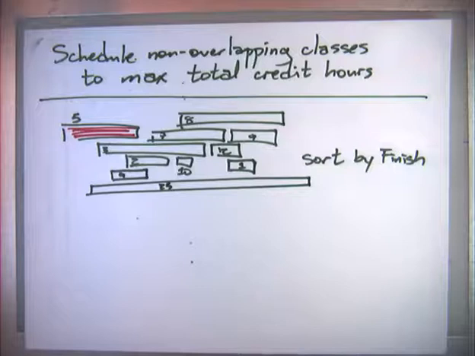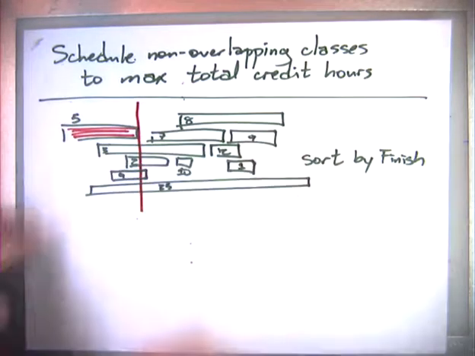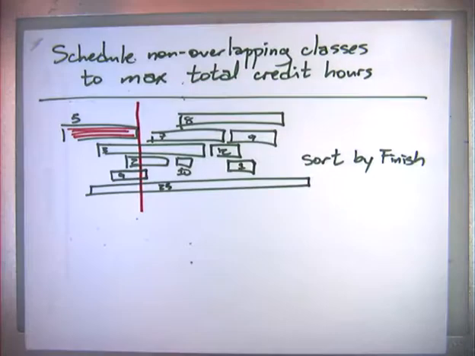Somehow I need to remember that I've signed up for a class that ends here, and that therefore I should only register for classes that end after that finishing time, out of the remaining classes that I haven't thought about yet.